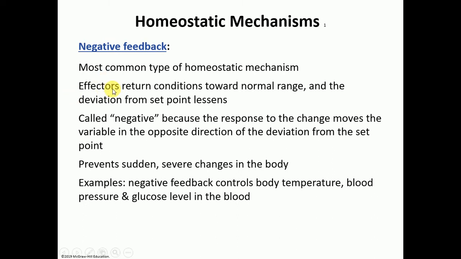And it's called negative because the response that happened is in the opposite direction of the change. So your body temperature went up, your response is to bring your body temperature back down. It prevents any sudden severe changes in the body. For example, the body temperature example that we've been talking about, blood pressure changes, and changes in glucose levels in the body.